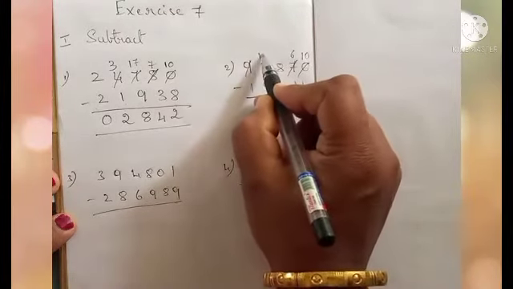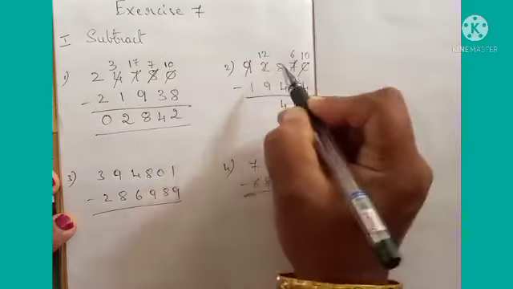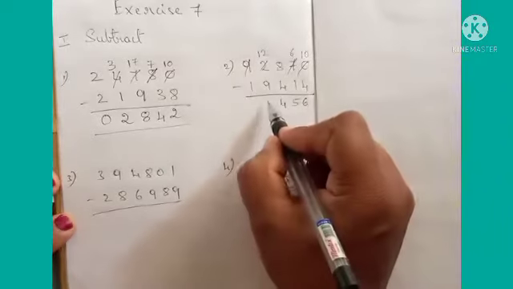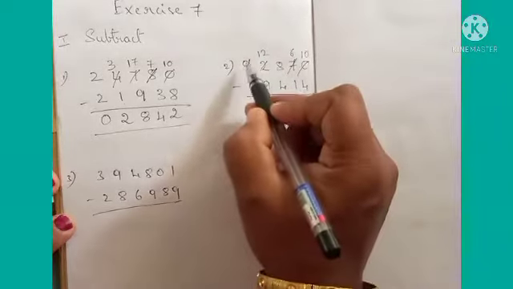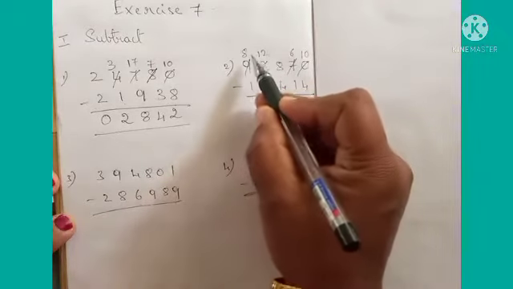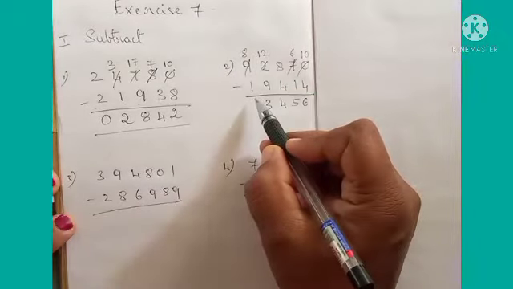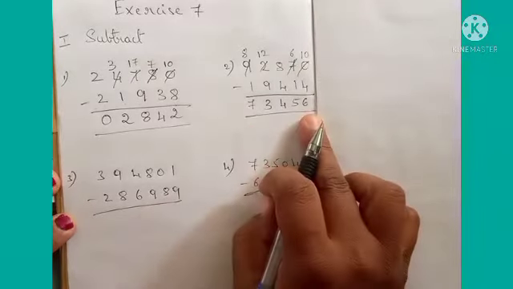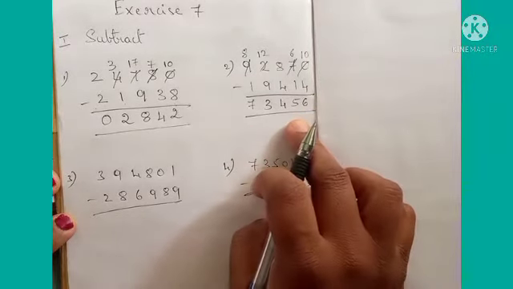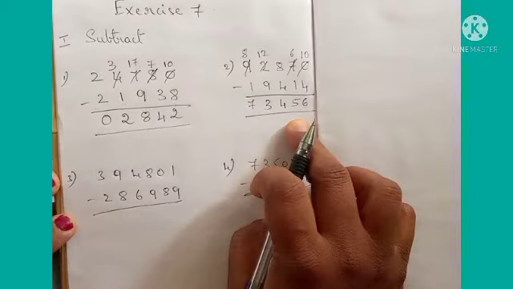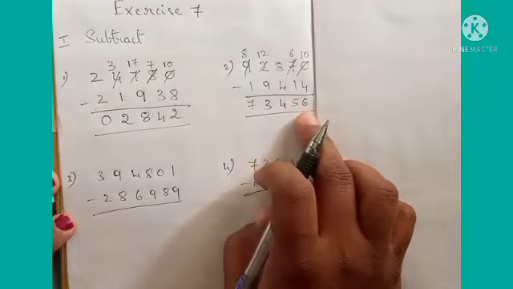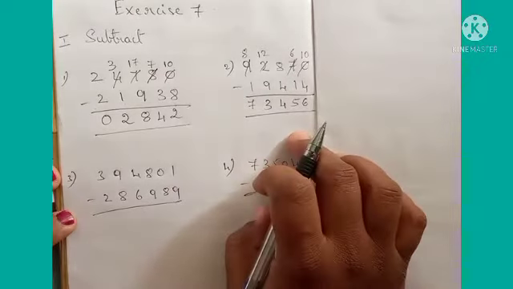Borrow 1 and write this as 12. 12 minus 9, how much do you get here? 3. How much is remaining here, dear children? 8. In 8 if you minus 1, how much remains there? 7. So what is this number called? This number is called difference. So now 73,456 is the difference.